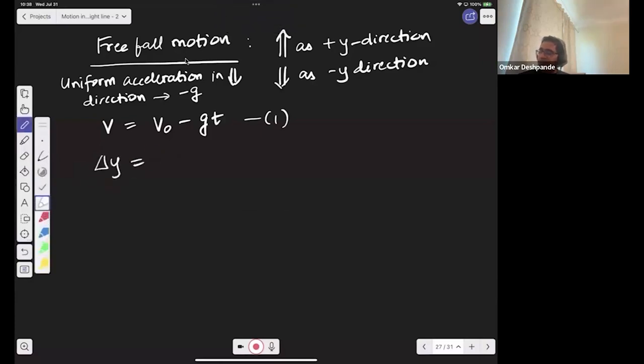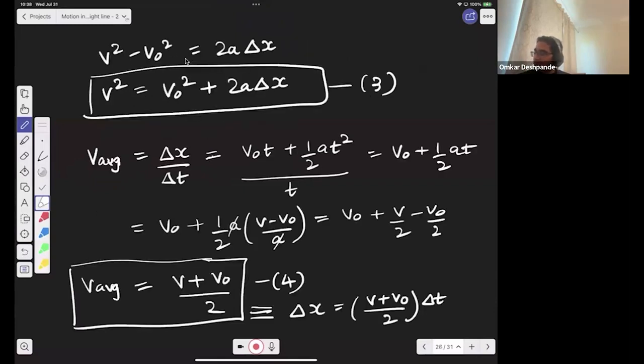Delta y is v0t plus half at square, right? Again, instead of half a, I would write minus half g because a is minus g. That's the second equation. And the third equation would be v square is v0 square minus 2g delta y.